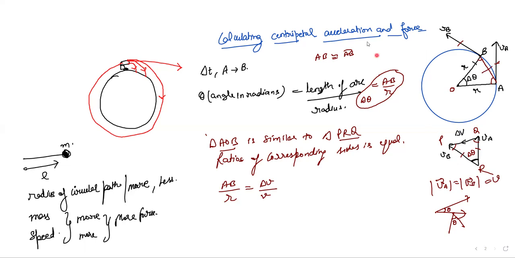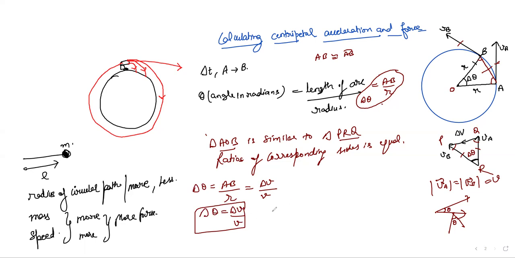Both have the same ratio. But we know that AB by R is equal to delta theta. So delta theta is equal to delta V by V.